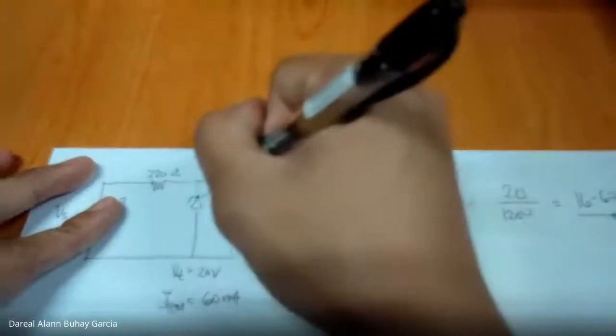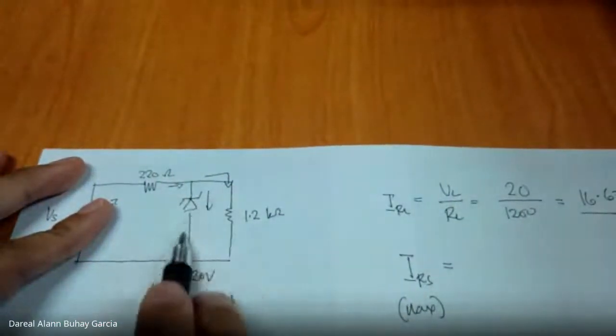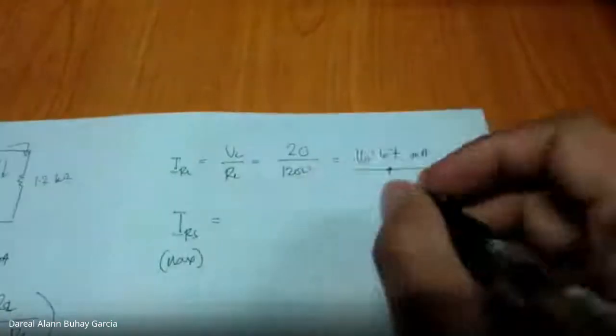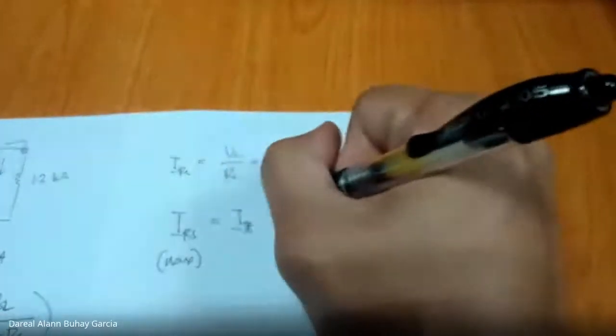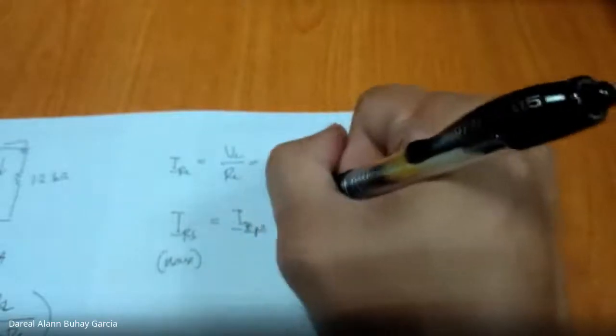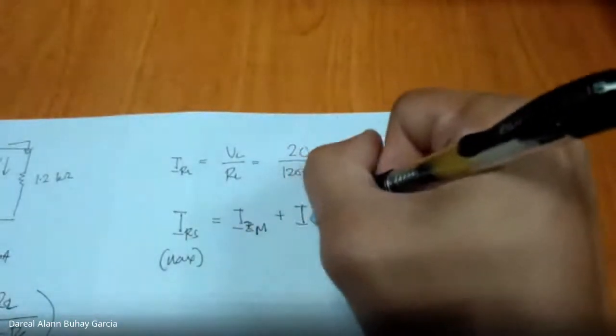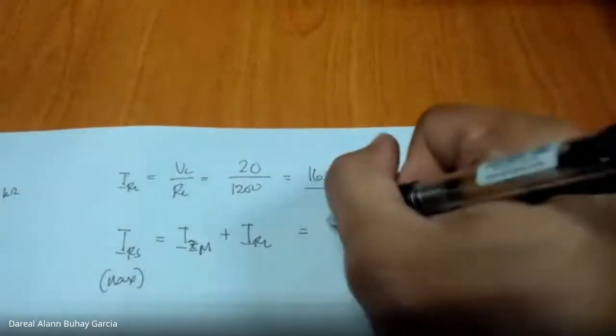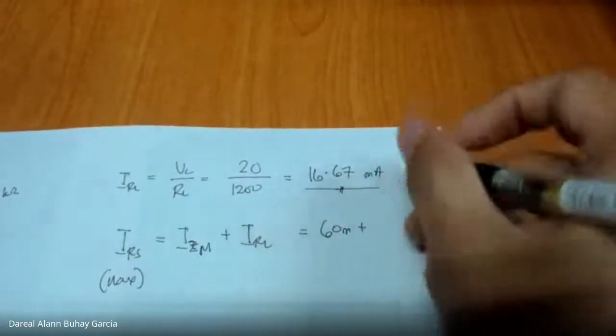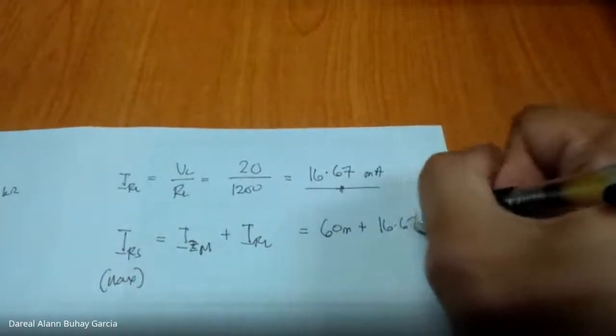KCL, yeah. IRS is sum sa IZ og IL. So IRS is IZ, or at least IZ max, plus IRL. 60 milliamperes plus 16.67.